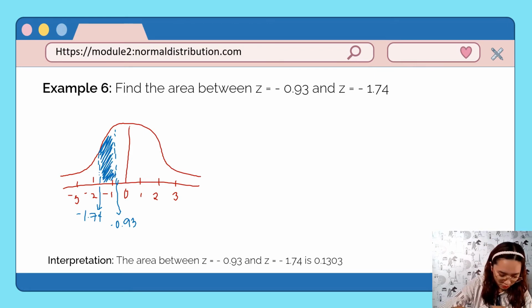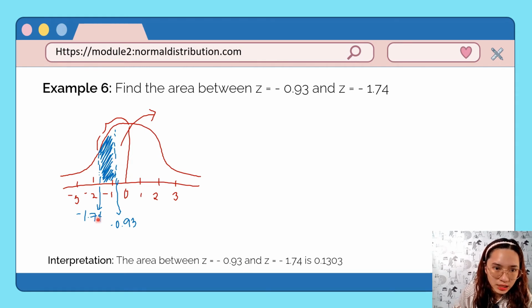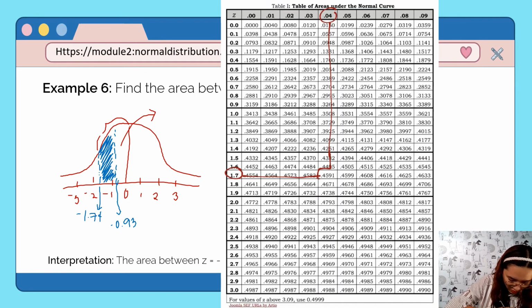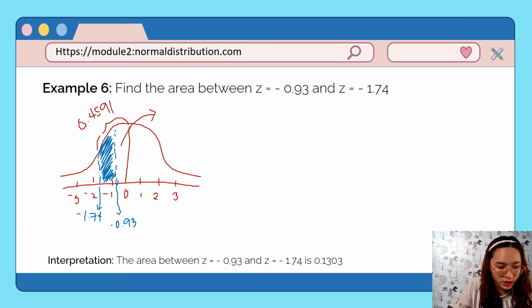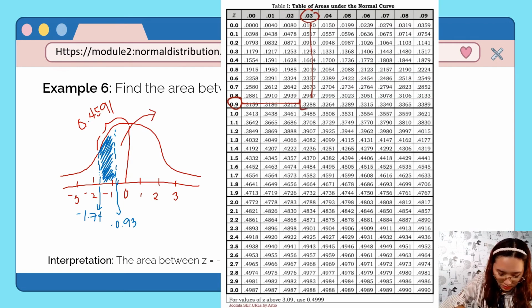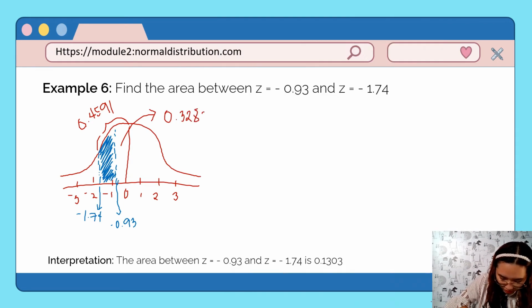So, using the z-table, alam po natin yung area between 1.74 at 0. Gayon din yung area dito. And syempre, para makuha natin yung hinahanap nating area, ima-minus lang natin yung area ng negative 0.93 sa area ng negative 1.74. Yan. So, sa z-table, ang 1.74 ay 0.4591. While yung negative 0.93 is 0.3288. Ayan.